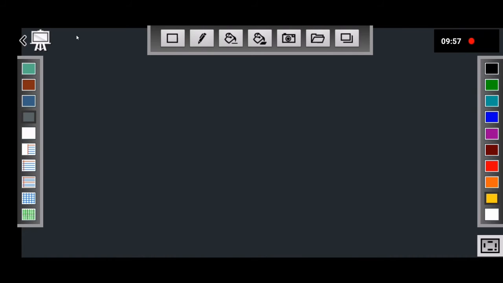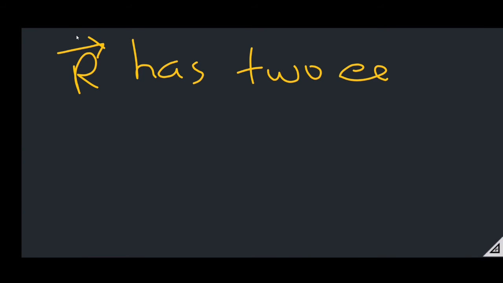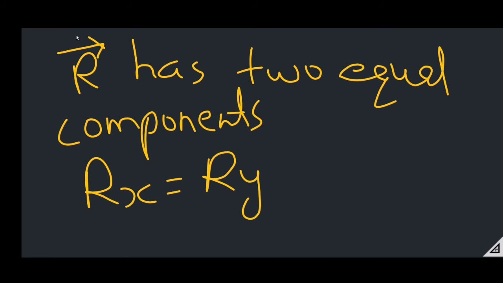And suppose in a rectangular plane we have an r vector that has two equal components in the x-axis and y-axis. That means the horizontal and vertical components are equal, so rx equals ry.